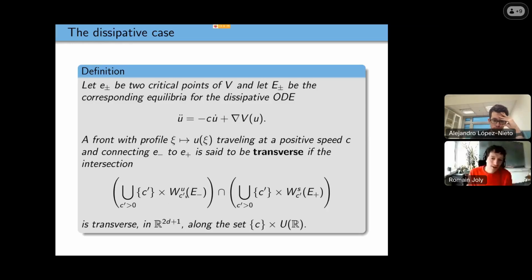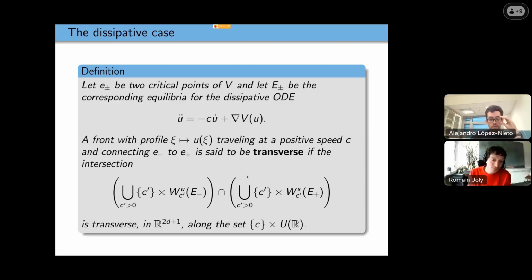So now you have a state which is given by the speed and the ODE. You have both things, and the same for the stable manifold. Now the transversality of the front means that in this state space, where you have both the solution of your ODE and the speed as a parameter, the two manifolds are transverse. This is the correct definition of transversality for traveling fronts.